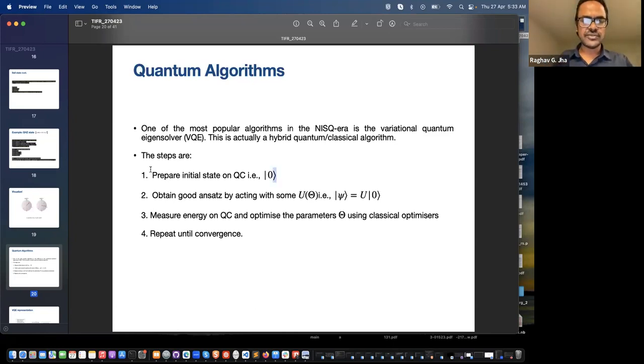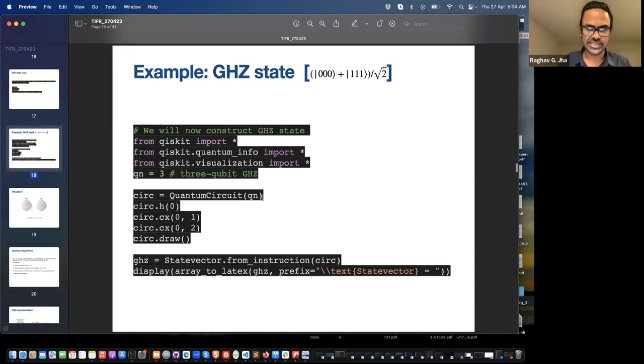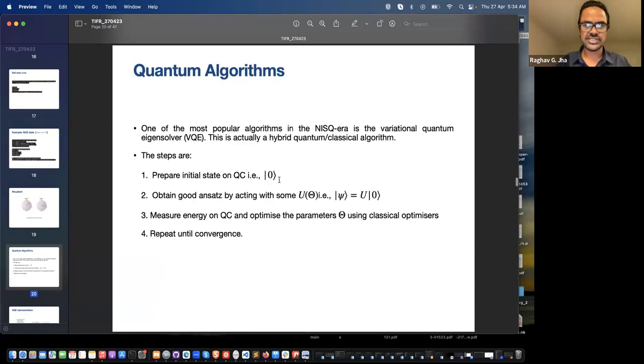So the basic idea is that we prepare the initial state on a quantum computer, that is some zero state, similar to what I showed. For example, make a quantum circuit of some number of qubits. The first step is similar to that. Then we want to obtain some good ansatz of the wave function by acting on this zero state with some unitary operators.